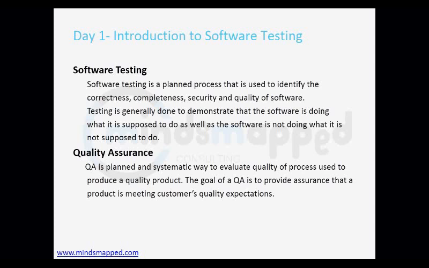So why is software testing required? Basically you have some client requirements and you need to fulfill those requirements. Before you give your product to your client, if they come up with bugs and say that your product is not good, it doesn't look nice, you will not be getting your second assignment from them.